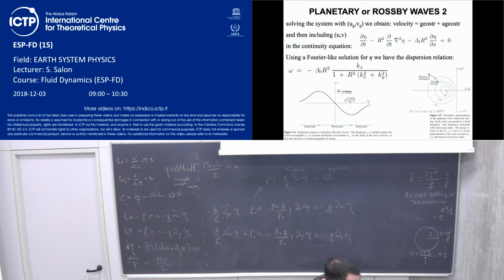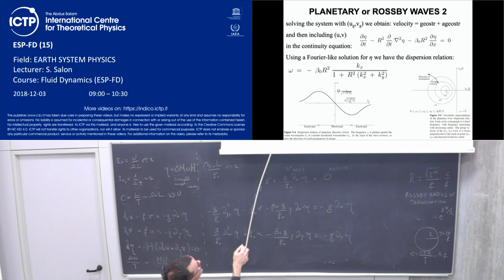Okay, so again here I can use once more the Fourier-like solution for eta, and I find the new dispersion relation. The new dispersion relationship for the planetary or Rossby waves is related to beta 0 R squared, then a term which depends on kx, and in the denominator 1 plus R squared k squared.